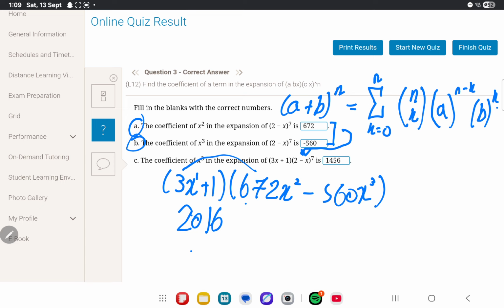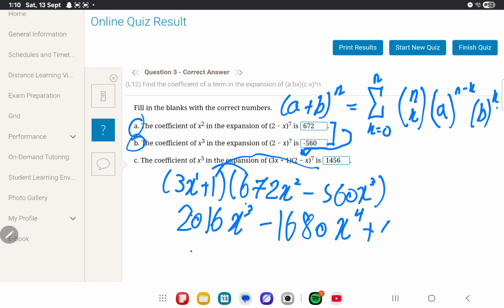X to the power of 1 with x to the power of 2 becomes x cubed. Now we distribute minus 560 to the 3x. So minus 560 times 3 is negative 1680. X to the power of 3 plus 1 is 4. And now since you have plus 1, you're just going to keep the numbers themselves. So plus 672x squared minus 560x cubed.